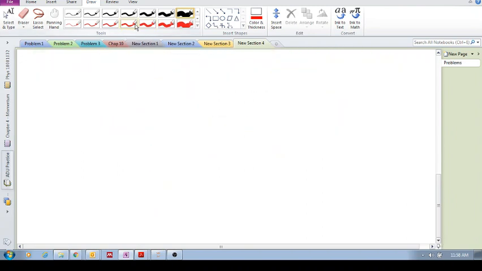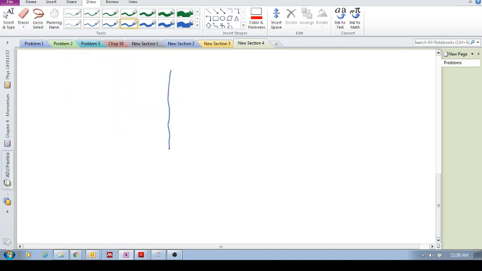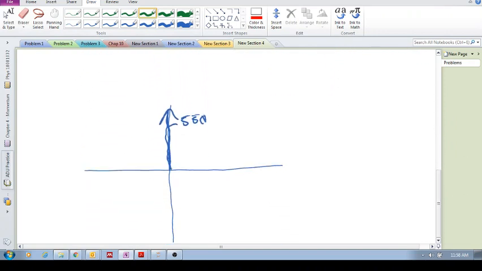I prefer to use the component method, where you've got each force. There's my 55 newtons. Then what was the other one?